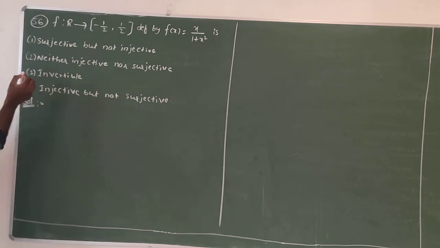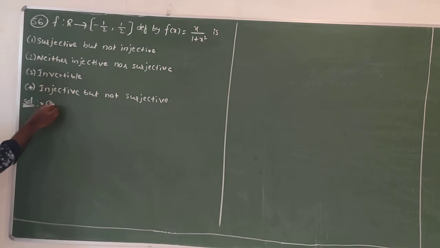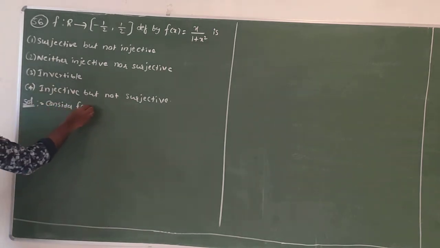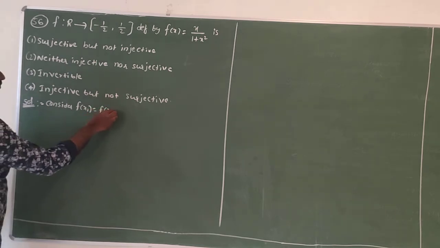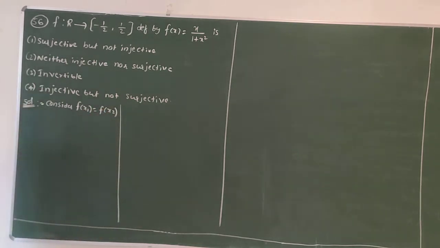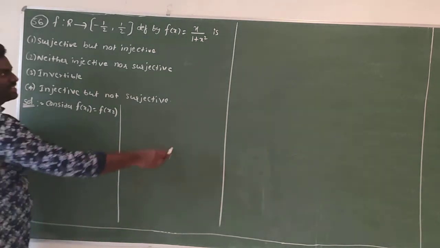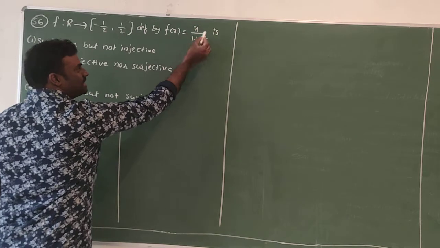Okay, solution. First we need to verify whether it is injective or not. That's why consider f(x1) equal to f(x2). If you want to prove injective, we need to prove that x1 is equal to x2. So what is the given function f(x)? x/(1 + x²).